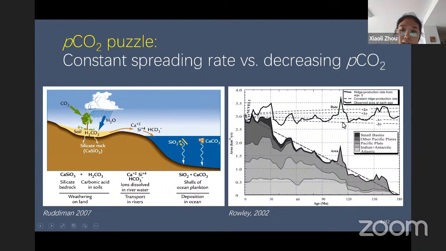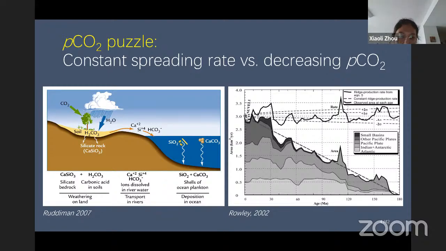So this means that the sink of CO2 as calcium carbonate should also have been constant, and CO2 should not have varied a lot. But this is different from what we observed from the previous slide, that CO2 has been decreasing.